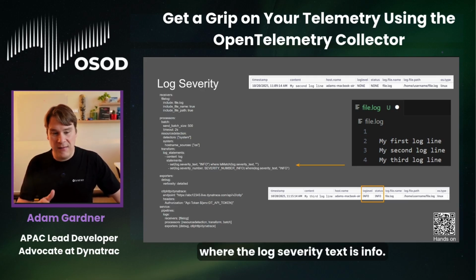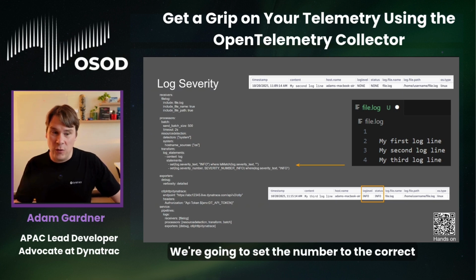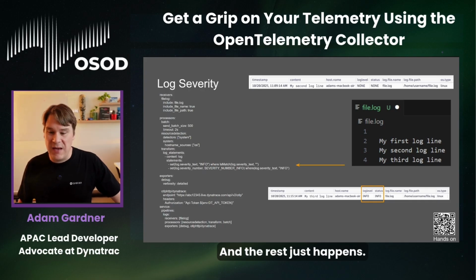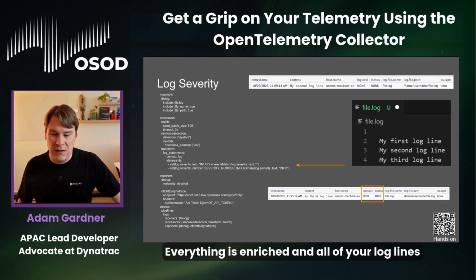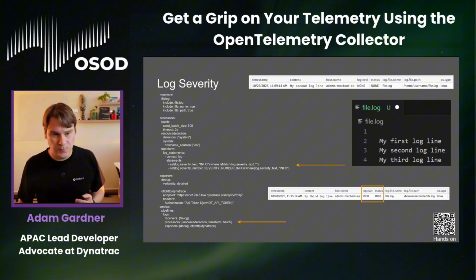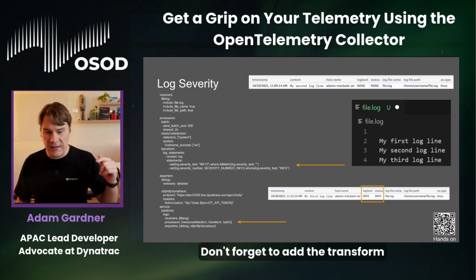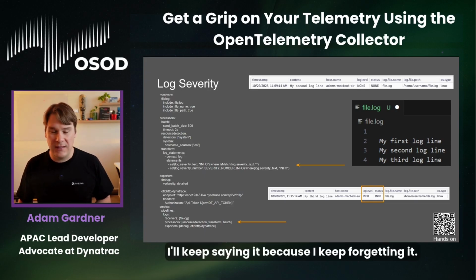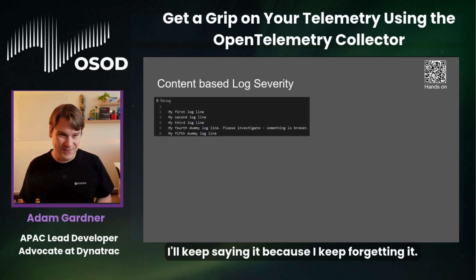So again, where the log severity text is info, we're going to set the number to the correct numerical value. And the rest just happens. Everything is enriched, and all of your log lines are now at an info level. Don't forget to add the transform to the processing block. I'll keep saying it because I keep forgetting it.